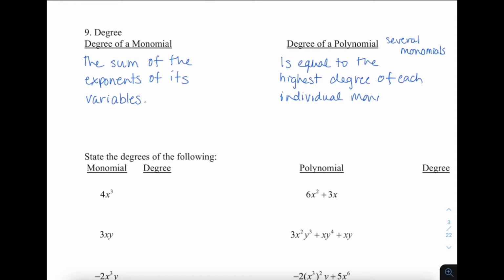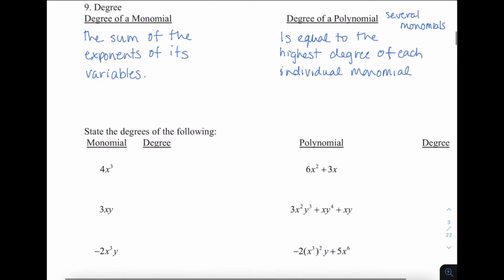So what I do is I find the degree of each monomial in the polynomial, and then I just take the highest one. Let's do some examples, because that was probably a little bit wordy.